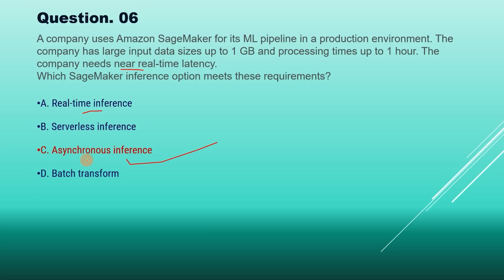And if you think about batch transform, it will be used for large scale offline processing without real time needs. If you have sufficient time, if latency can be accommodated, then it will be fine. But here near real time latency is required. And then serverless inference is also not correct because it is suitable for low latency inference for intermittent or unpredictable traffic without managing infrastructure. So this is the correct answer for question number 6.